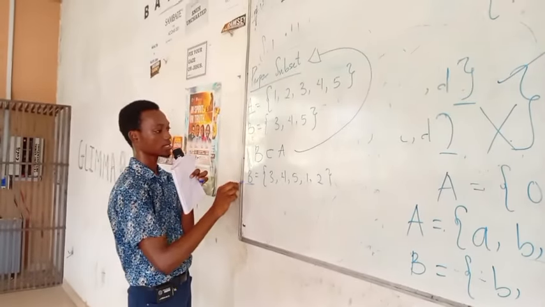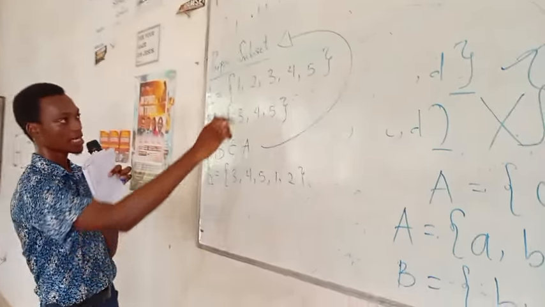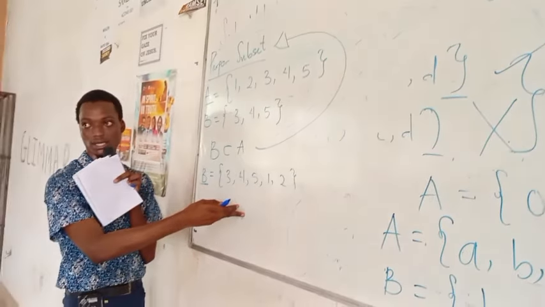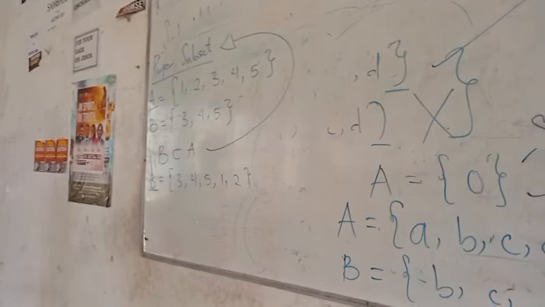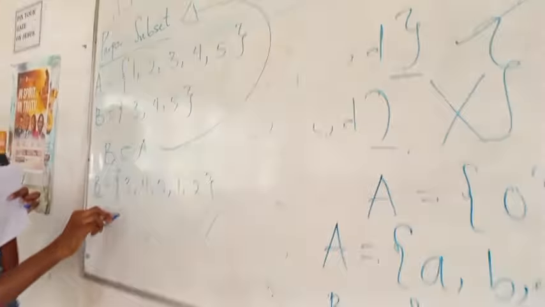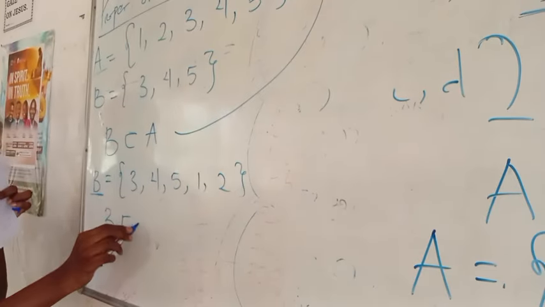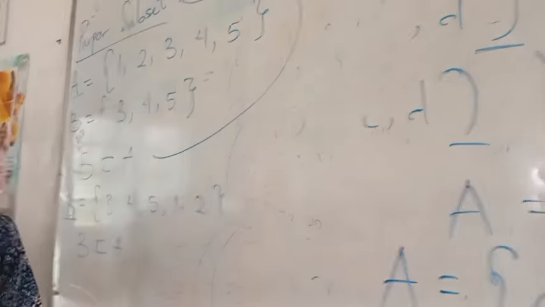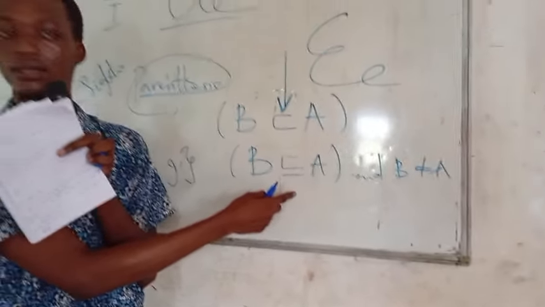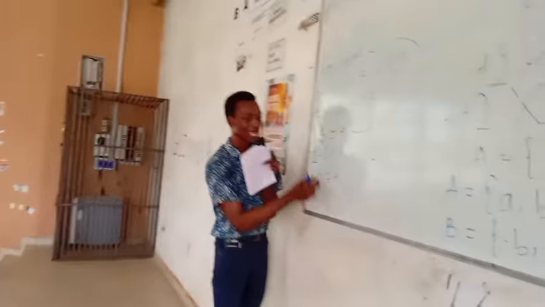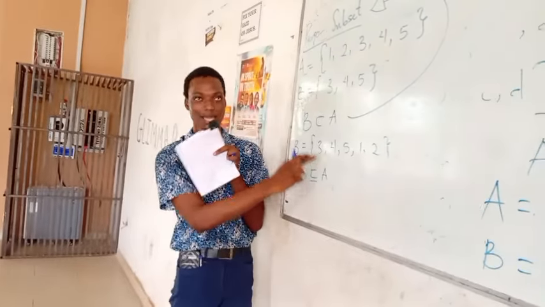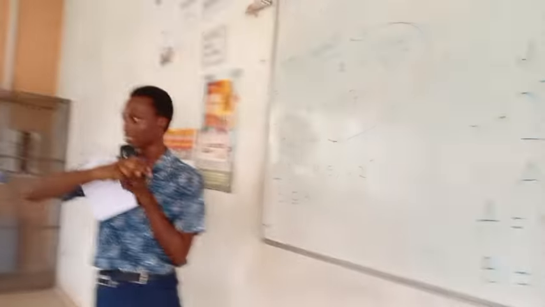This is set B. These are the elements in set A, these are the elements in set B. Are the elements the same? Open your eyes and look at this very well. They are the same. Now, can I say B is a subset of A? Then this equality sign, this stroke, means that the elements in B are also the same elements in A. Are we getting it?